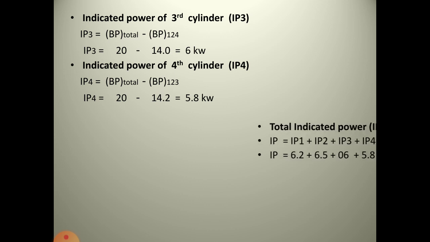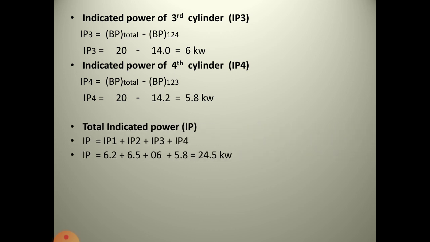Thereby we can calculate the total indicated power by the summation of all these indicated powers, calculated by the Moore test by cutting off each cylinder one by one.